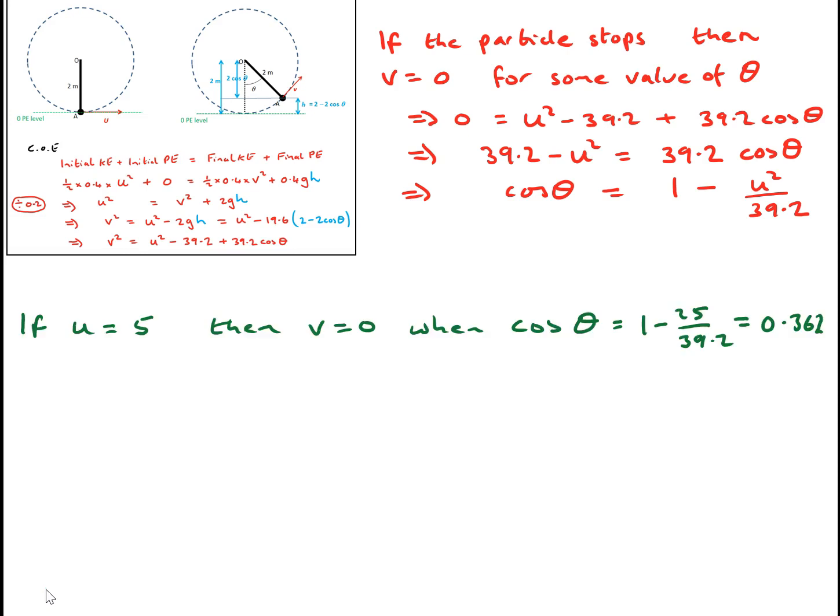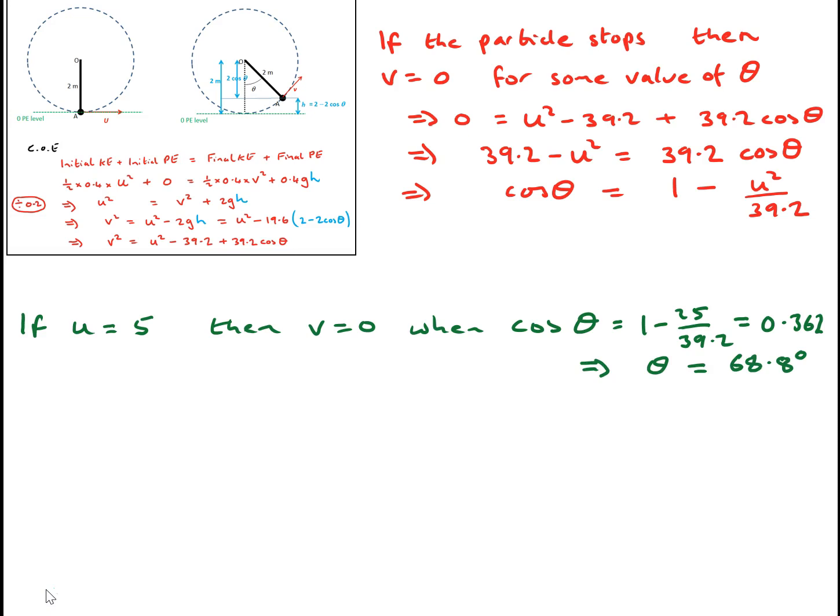So, if we take the case when u equals 5, then v equals 0 leads me to the equation cos theta equals 1 minus 25 over 39.2. In other words, I've got cos theta equals 0.362, which gives me theta equals 68.8 degrees.